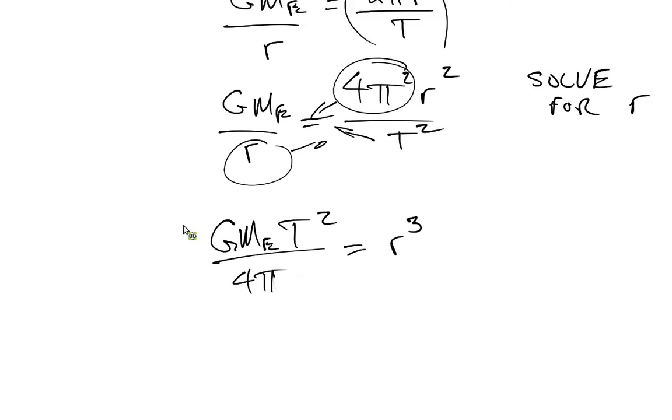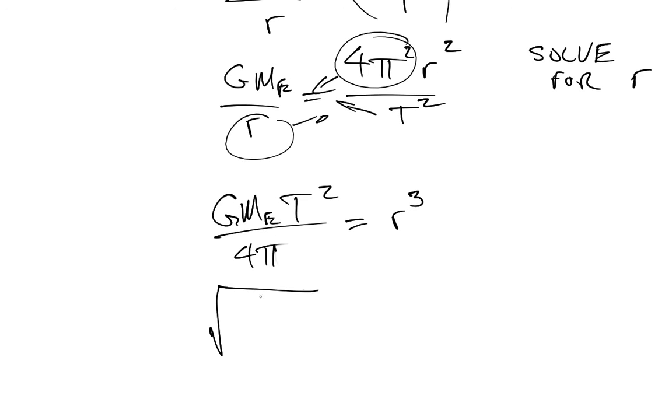So therefore, R is going to equal the cube root of G M E T squared all over 4 pi squared, forgot the square on that. Okay? And that's going to equal R.